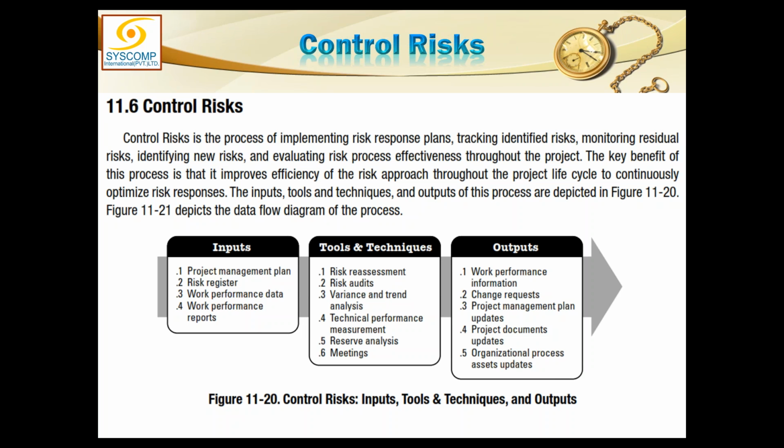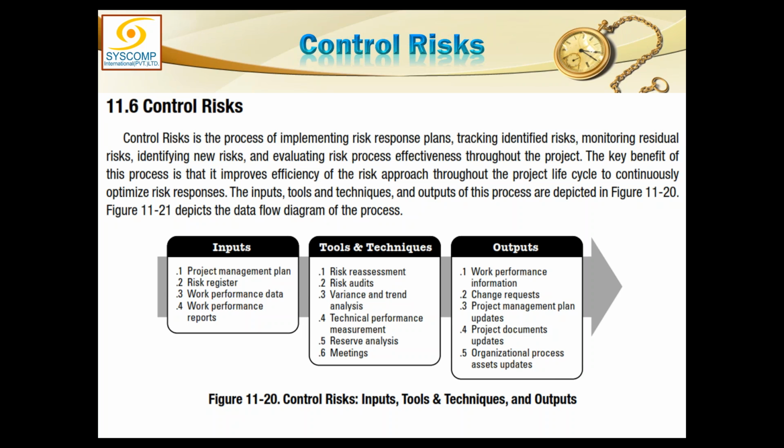As far as execution is concerned, there is no risk process there, because risk is something which is not sure to happen. And we do things in execution which we are sure to happen, like the activities we plan, work we plan to do to produce the desired deliverable. That work is a must, we must do it.